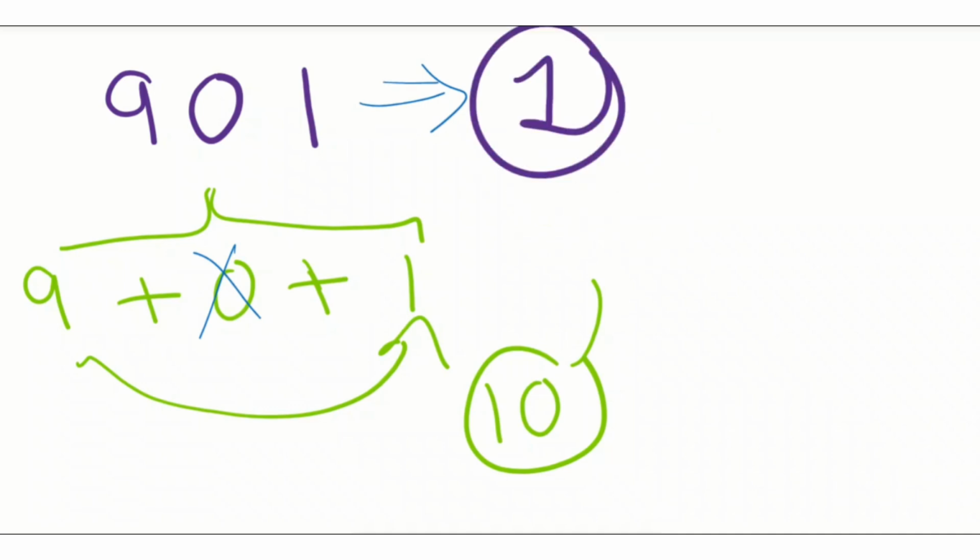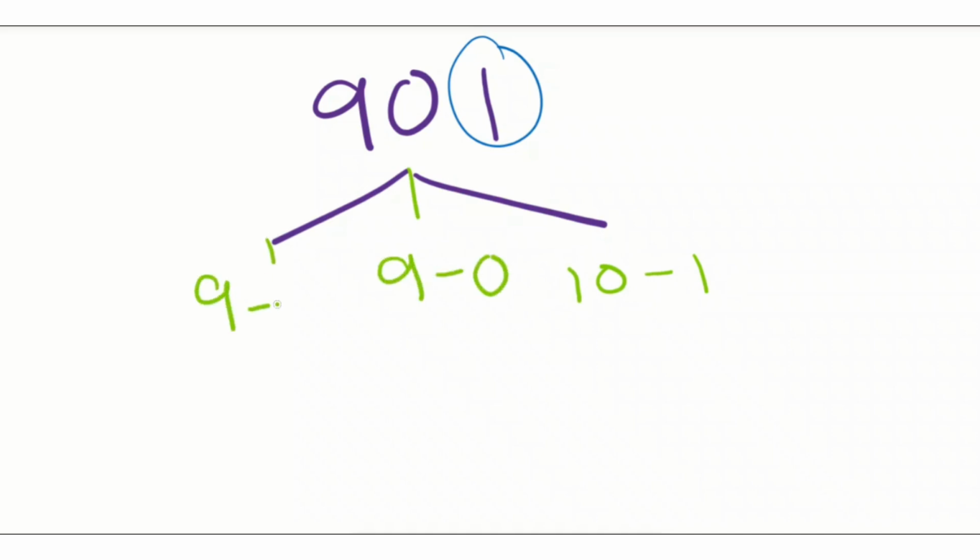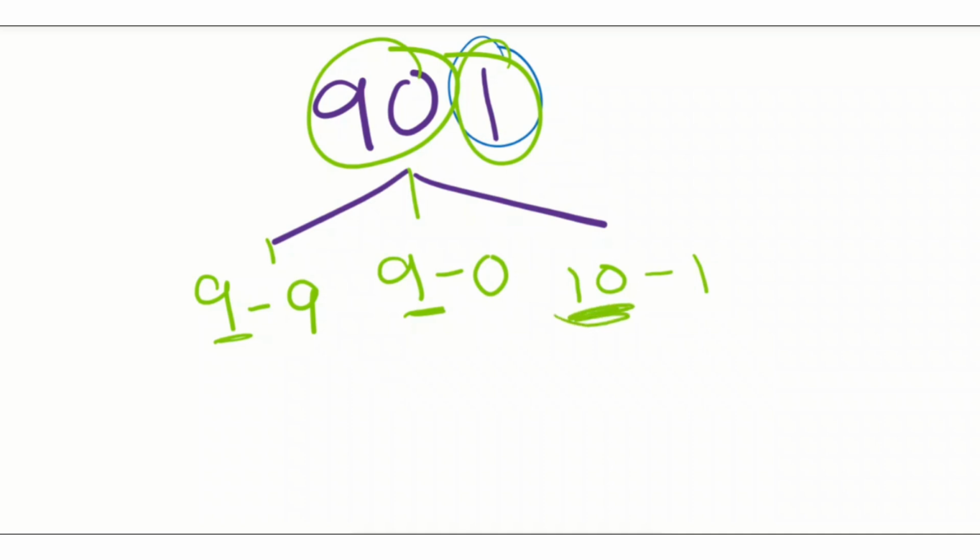Now to find the Nikhilam, you can go 901. The ones digit over here is 1, so that is going to be subtracted from 10, and then 9 minus 0 and 9 minus 9. This is because the rest of the digits are subtracted from 9, and the ones digit, that is the last digit, is subtracted from 10.